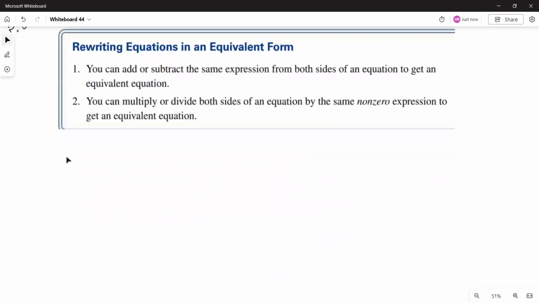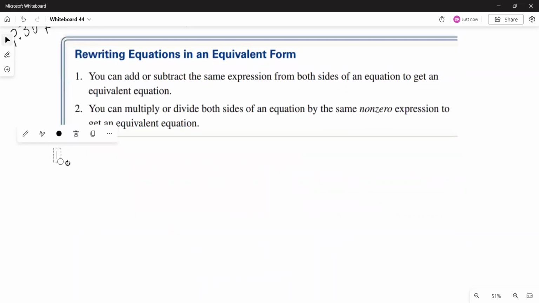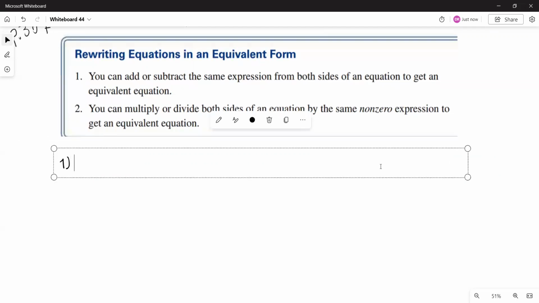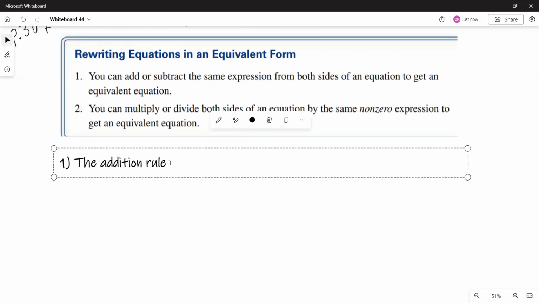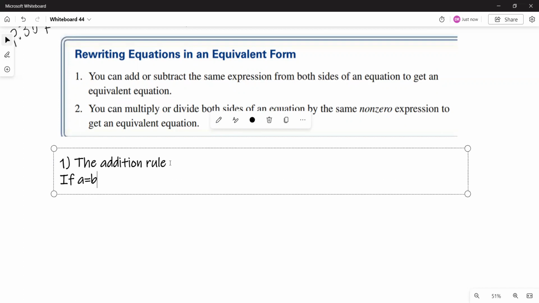Okay, so you have number one, another way to call it is the addition rule. It says that if A equals B, and C is any real number, then you can add the same number to both sides and things remain equal.